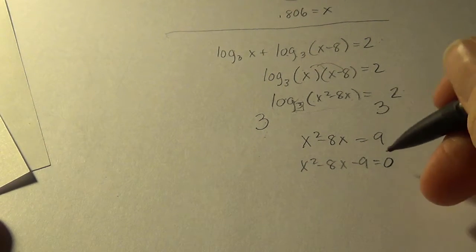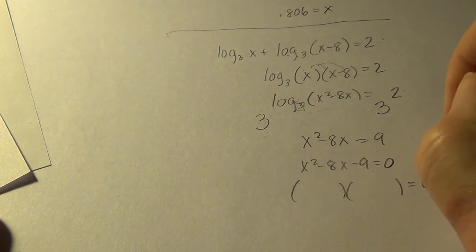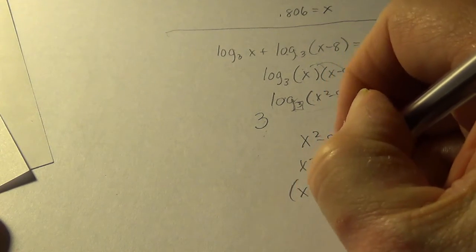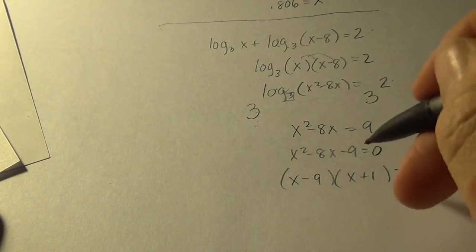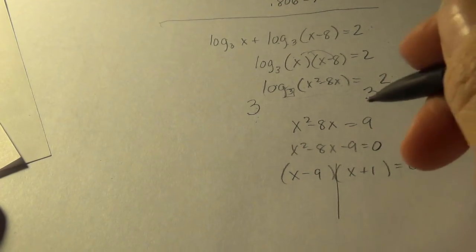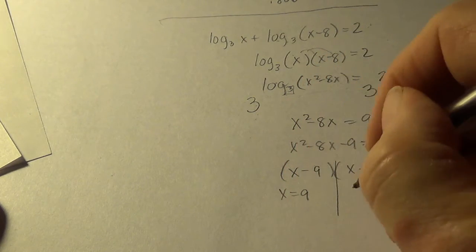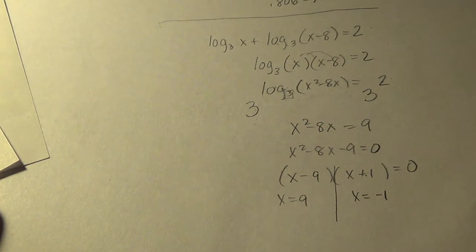Follow your mathematical nose and hope that it's factorable. And this one is x minus 9, x plus 1. So we go down the 2 branches, x equals 9 when you set that equal to 0, and x equals minus 1 when you set that equal to 0.